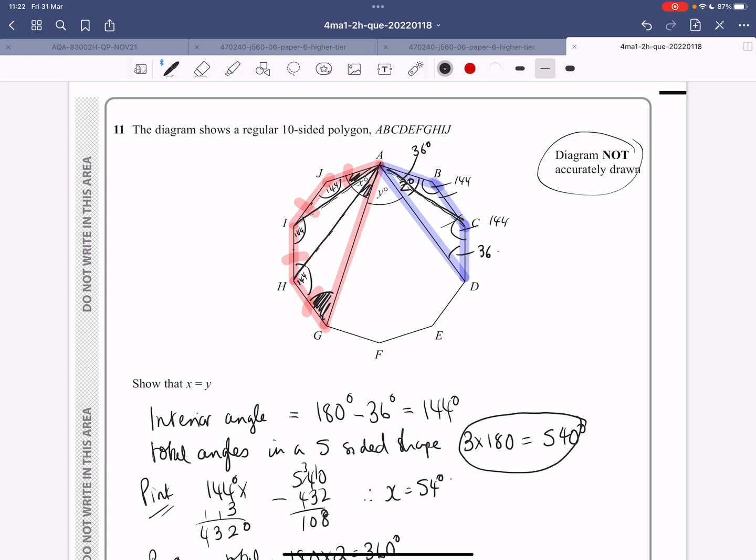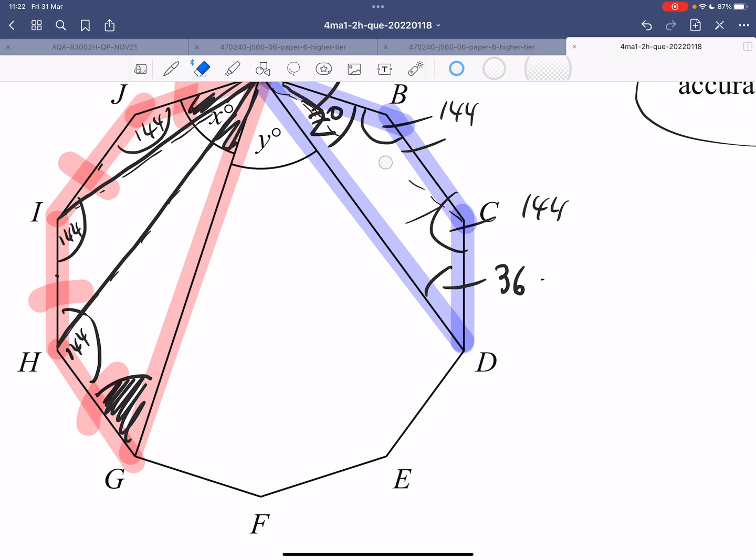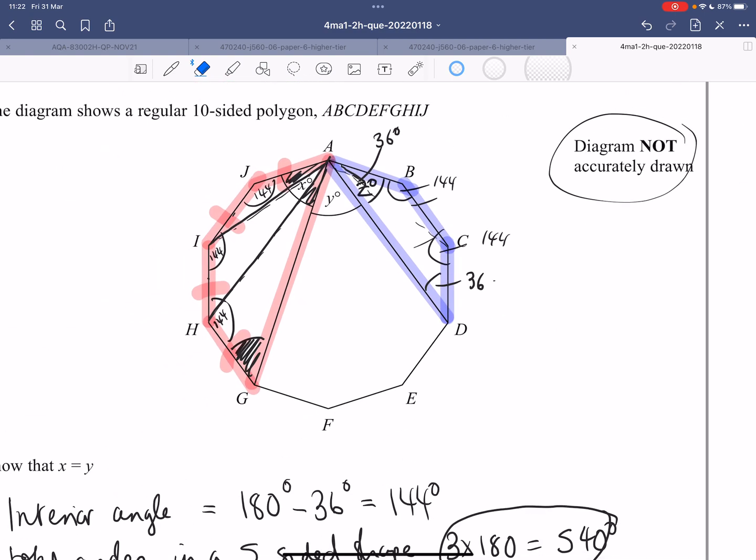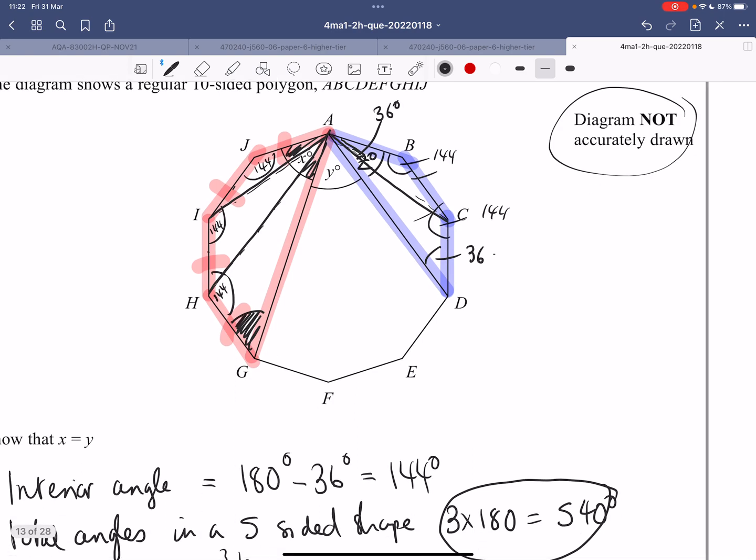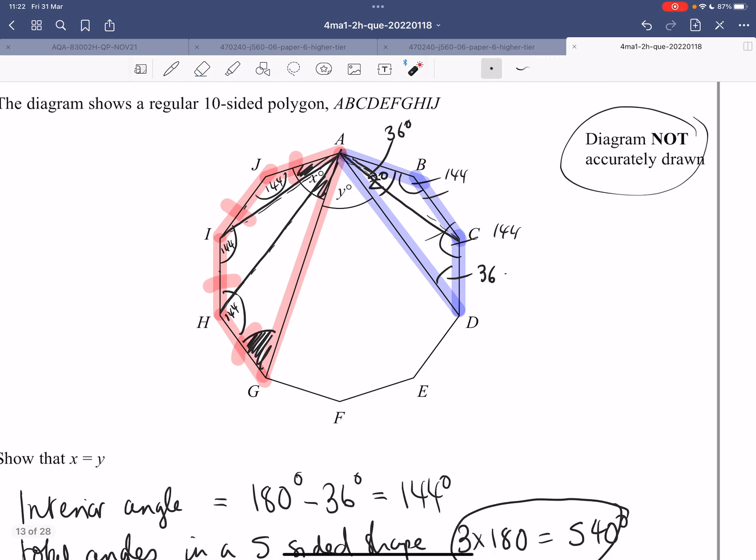And that was a bit messy. It's these two triangles in here. Well, it's a four-sided shape, so it adds up to 360. And then we already know that these two are 144 each, so the difference is there.